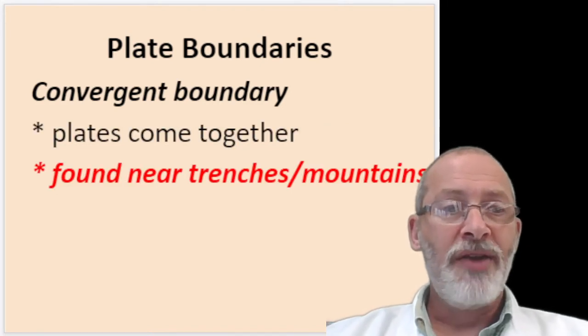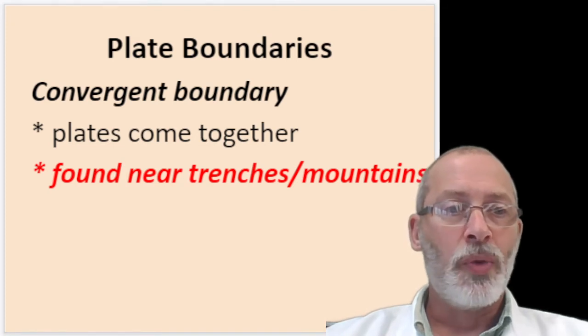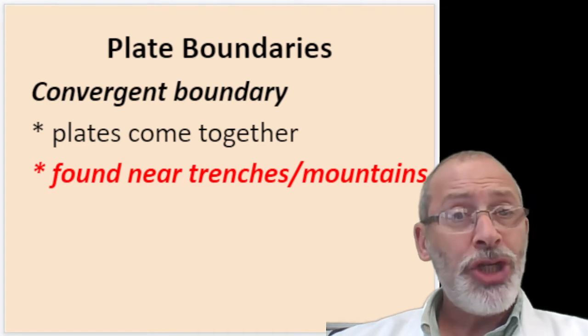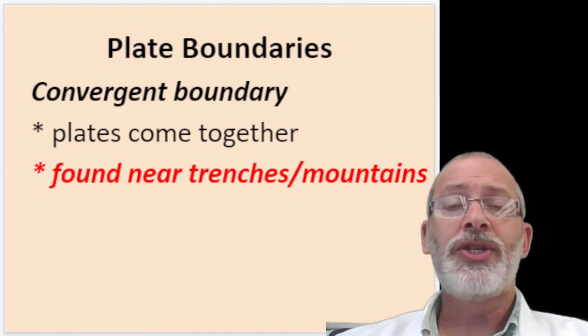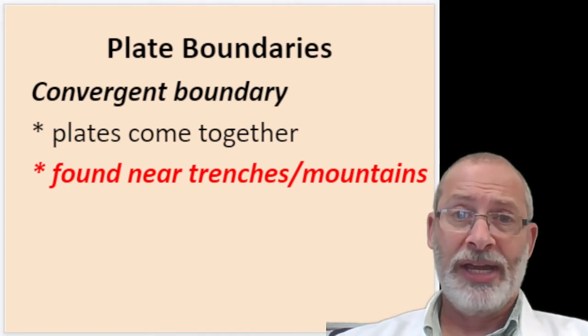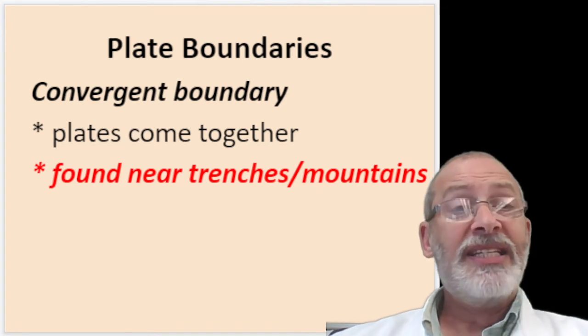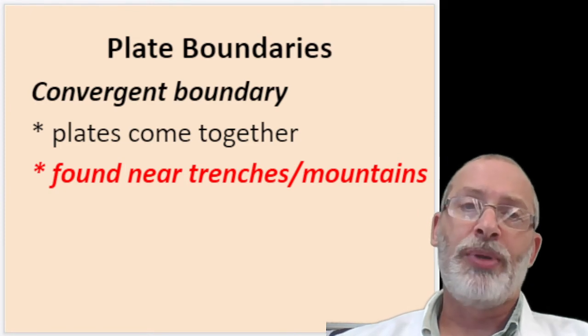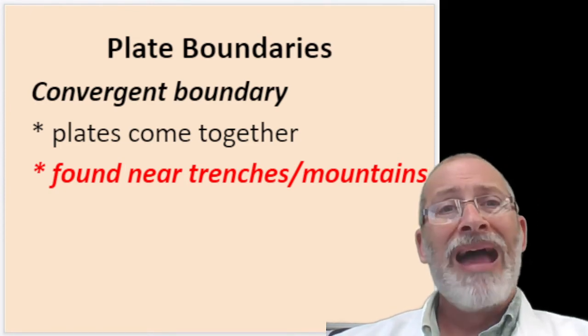Now, most convergent boundaries around the world are found near trenches, ocean trenches, or mountain ranges. In fact, the deepest place on planet Earth, the lowest elevation on planet Earth, is a place called Marianas Trench.